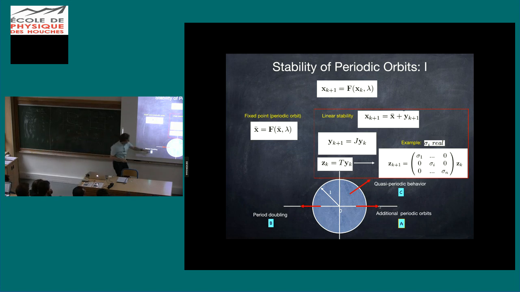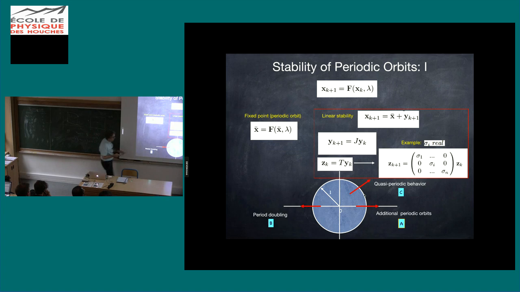And the other one is where you get -1, and you see it from the equations already. If this is -1, you get Z2 is minus Z1, but Z3 is again plus Z1. And so you see a flipping, and that's the period doubling. So this is how you get period doubling into the periodic orbits.